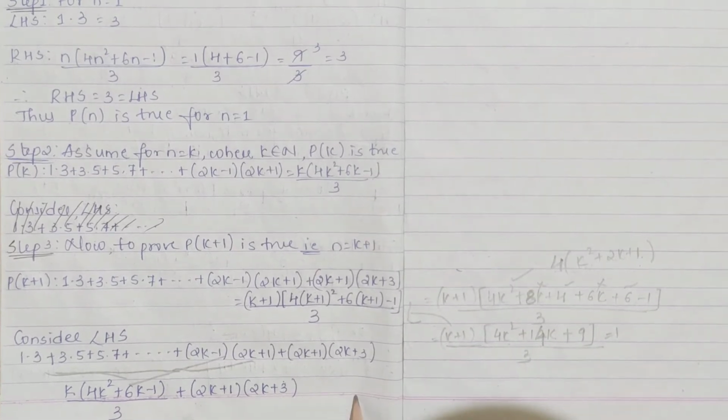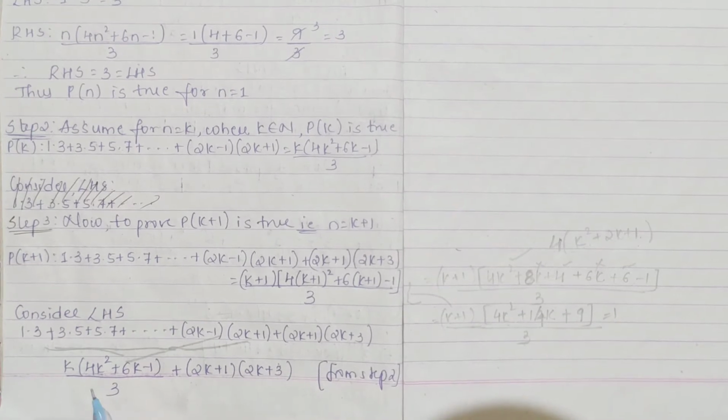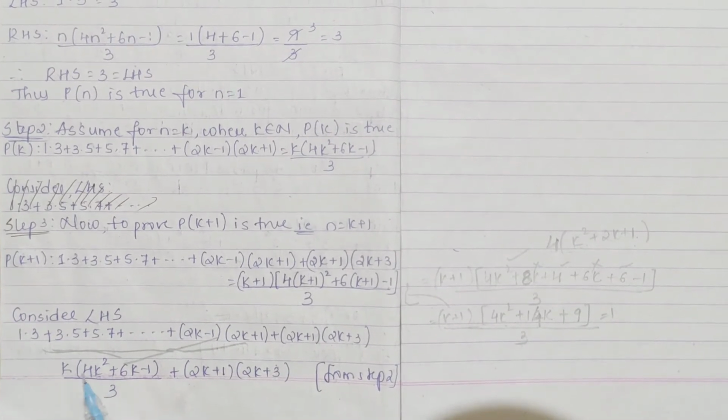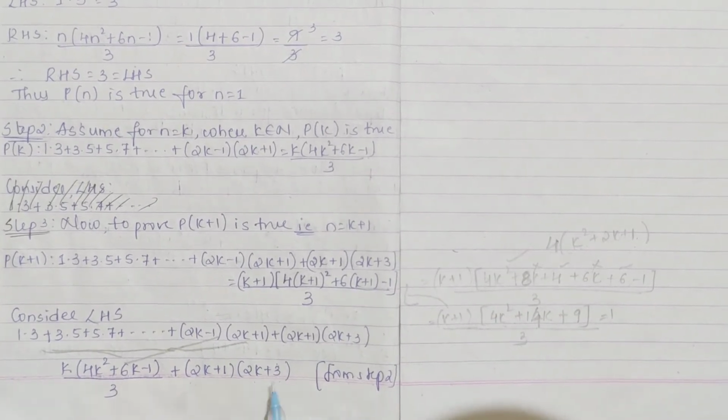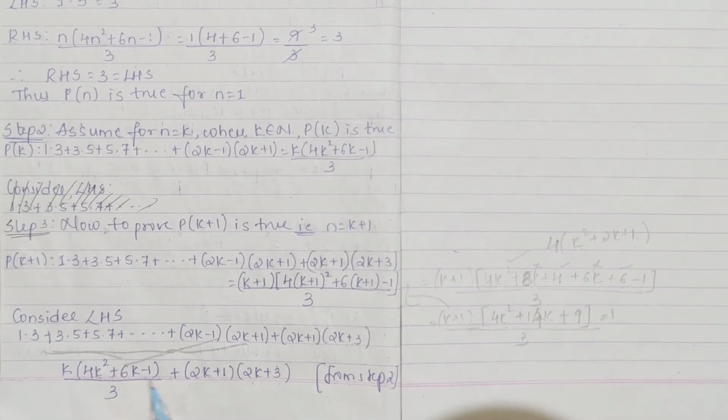Where did it come from? It came from step 2. Then we will simplify it. Here next I am just multiplying everything. See this, k multiplying 4k cube plus 6k square minus k. This also, 2 2s are 4k square, 2 3s are 6k, 2 1s are 2k, 3 1s are 3. Yes, just multiply everything.